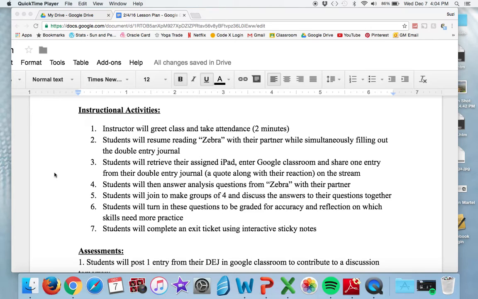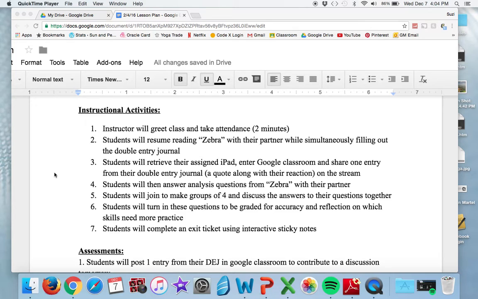That means they would take what they have entered into their double entry journal, so a quote or a line that they found from the story, along with their reaction to it, which could be a thought that they have, a question that they have, a connection to something in their life, to another text, to the world, whatever. And they will enter this onto the stream.